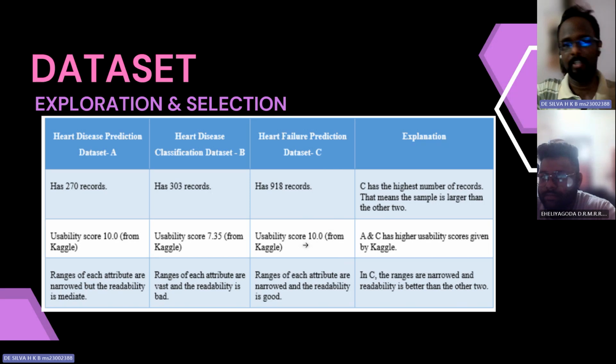That usability score is generated by the Kaggle site. Also, in that dataset the ranges are narrowed and readability is better than the other two. So that's why we selected this dataset for our prediction.